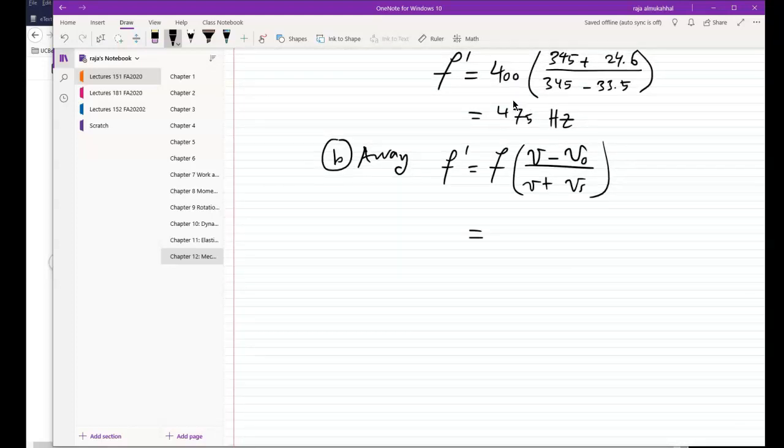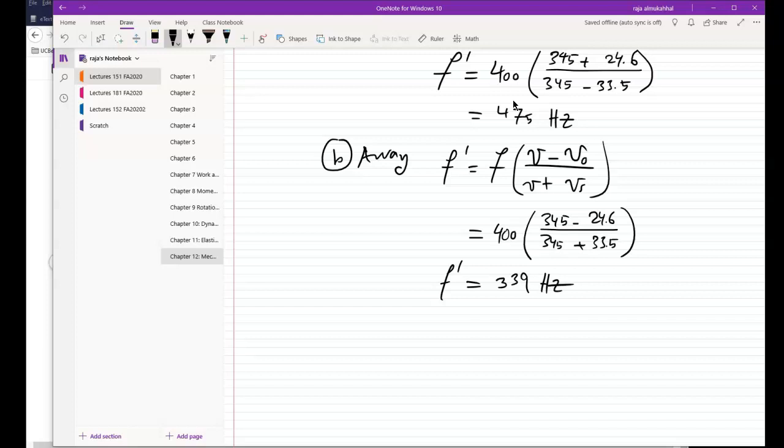So we have here 400 times 345 minus 24.6 divided by 345 plus 33.5, and then we calculate that, and we end up with f prime equal to 339 hertz. And there we go. Okay?